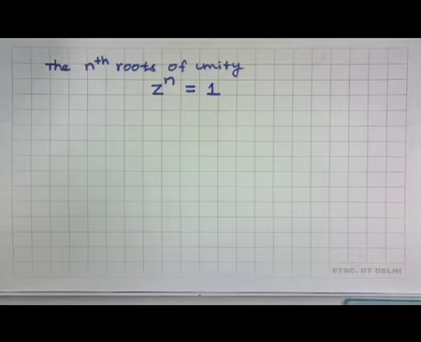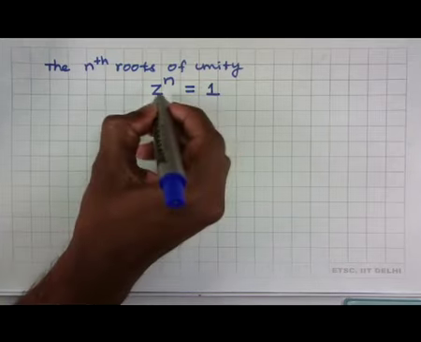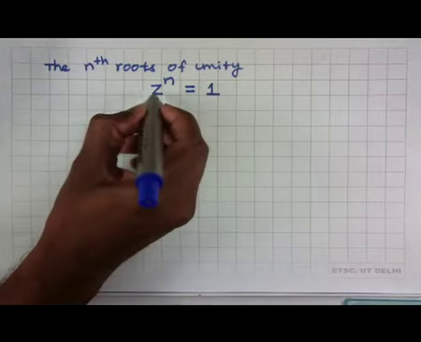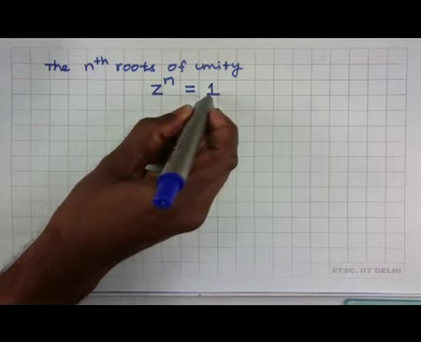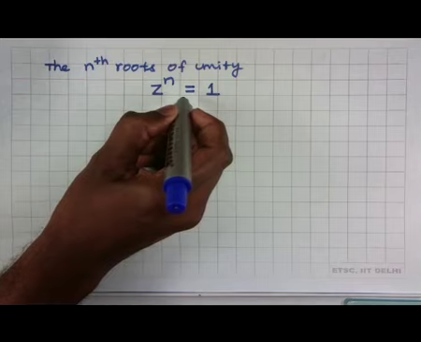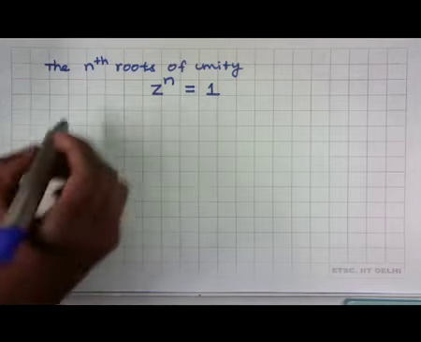Now let us observe, once we demand that a complex number satisfies this equation, then immediately you observe that the modulus of z must be 1. This is the first observation we make.